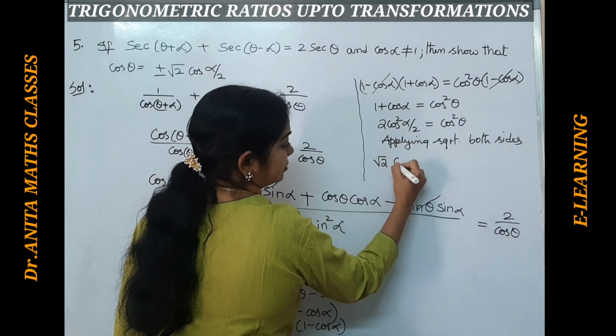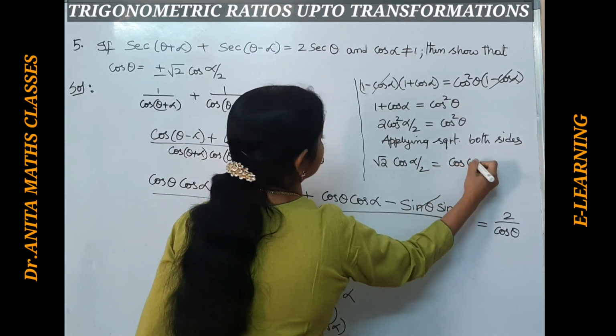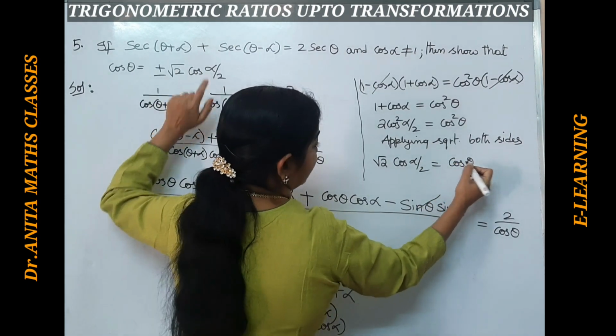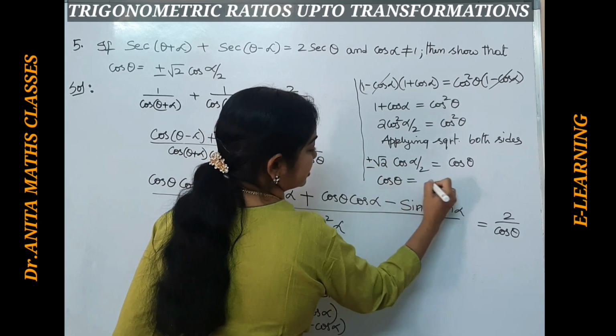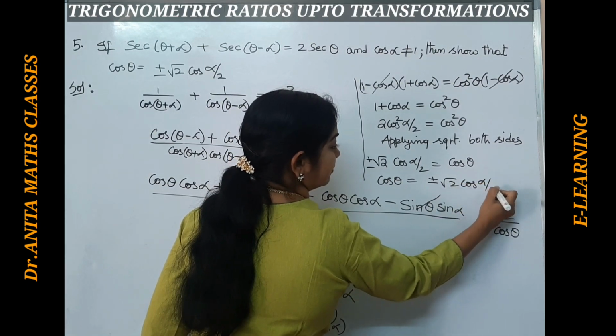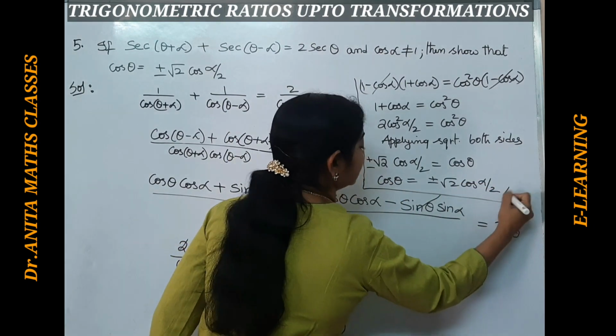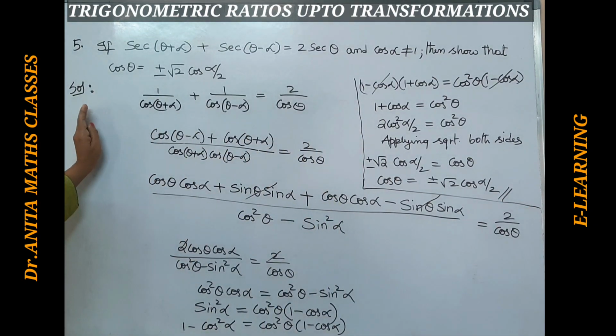Here square goes off, cos alpha by 2 is equal to cos theta here. So this is what we have to get. So it becomes plus or minus. So we can write this as cos theta is plus or minus under root 2 cos alpha by 2. So this is the proved part. Okay, pause it and note the complete thing.